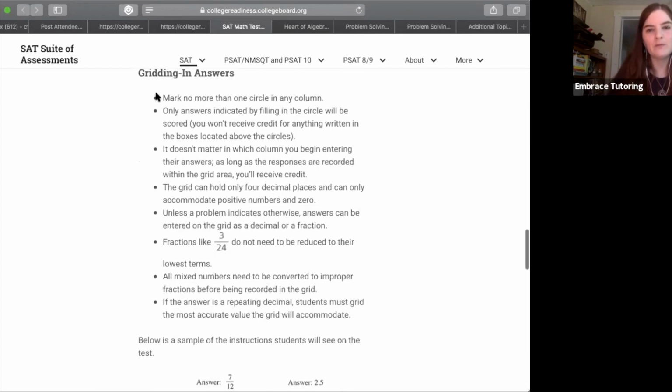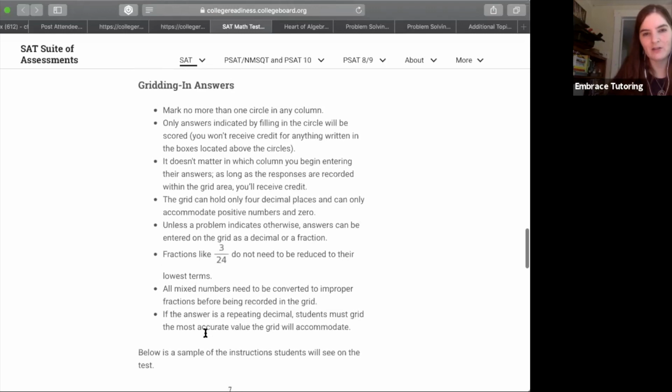So you want to be very careful when you're filling out your answer sheet section so that you can really follow these guidelines that they're outlining here in this section about gridding and answers, so that you can mark no more than one circle in any column. Only answers indicated by filling in the circle will be scored.